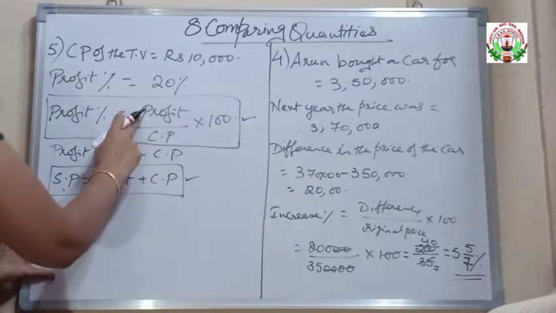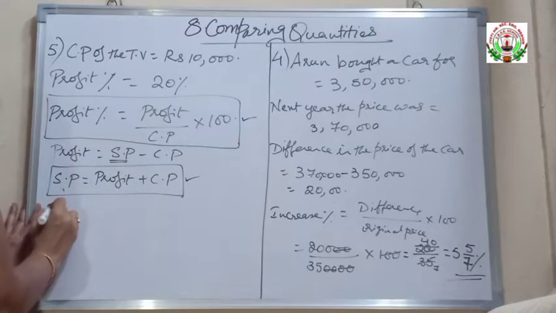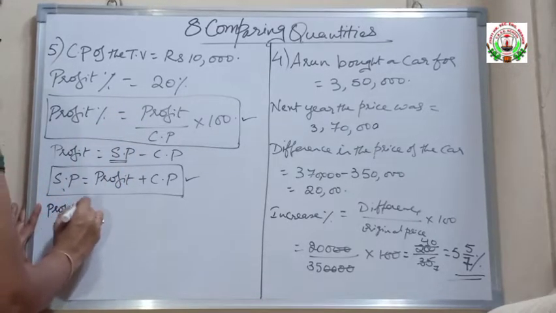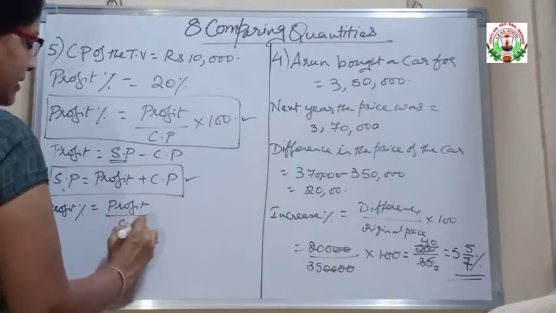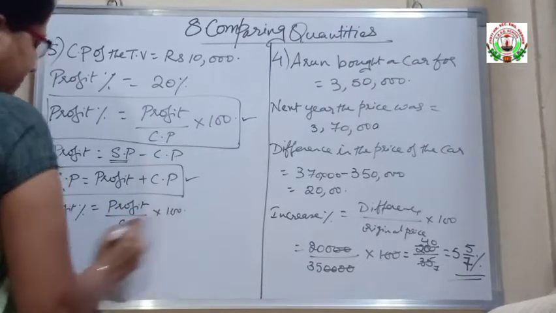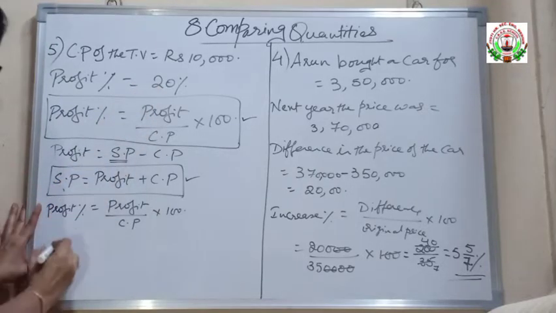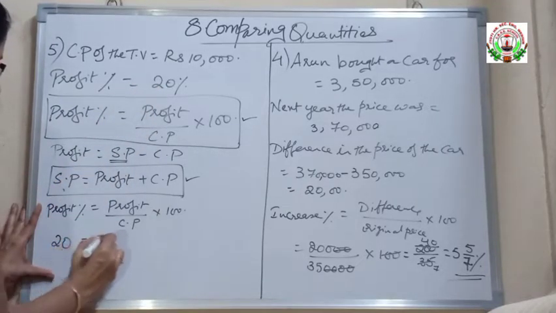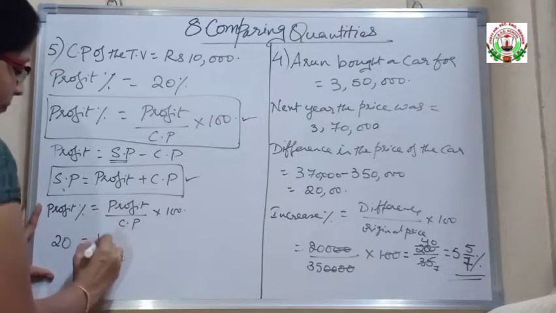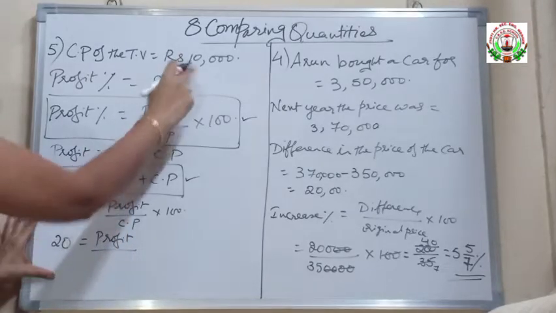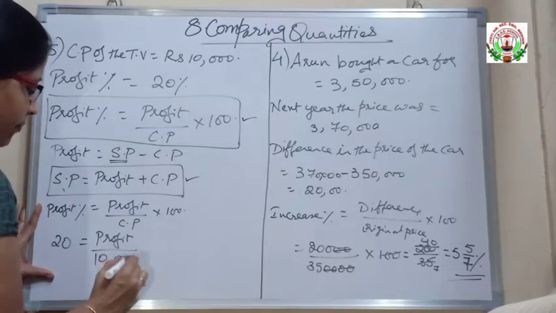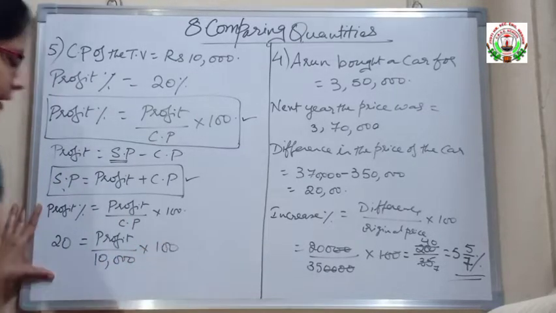So first let us take this formula, that is profit percent is equal to profit by CP into 100. That is profit percent, they have given it as 20, is equal to profit by cost price, they have given it as 10,000, into 100 here.